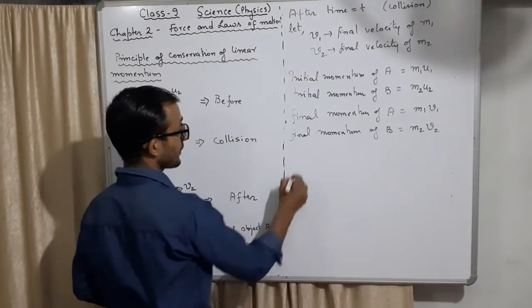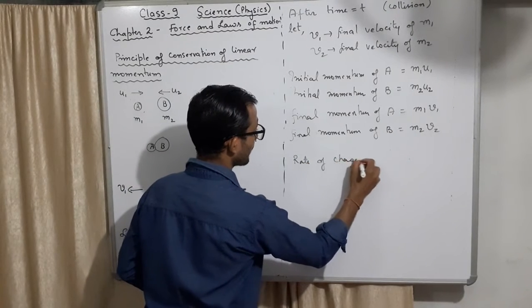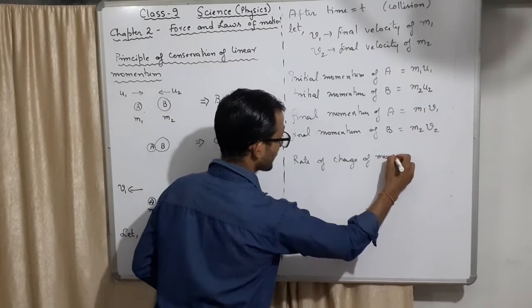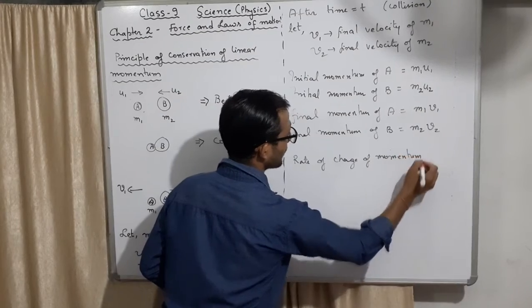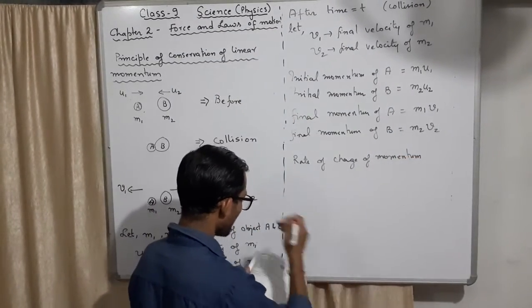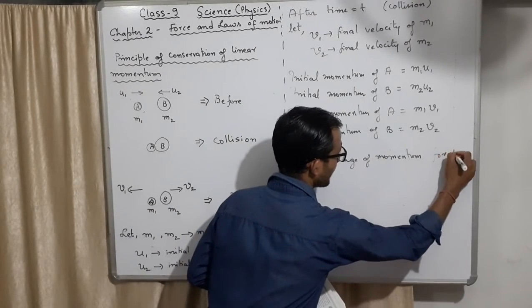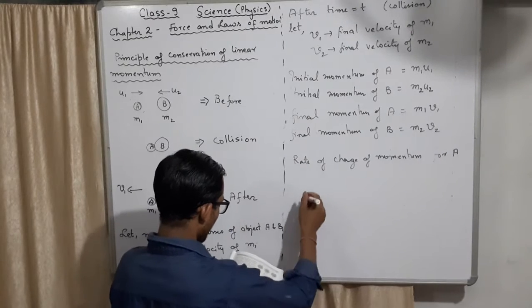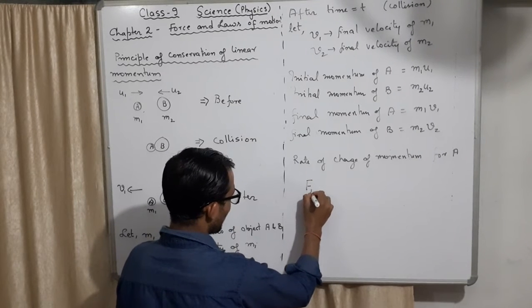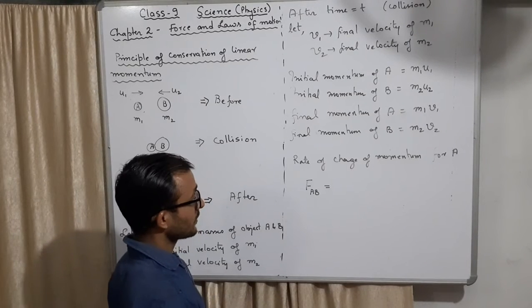Now we'll write the rate of change of momentum for each object. What is the first one? For A, the rate of change of momentum during the collision is FAB. Rate of change of momentum is force; we already know this from Newton's second law.